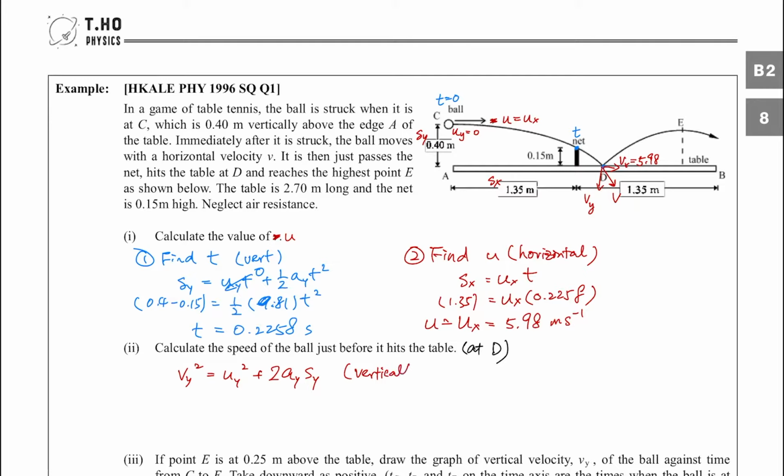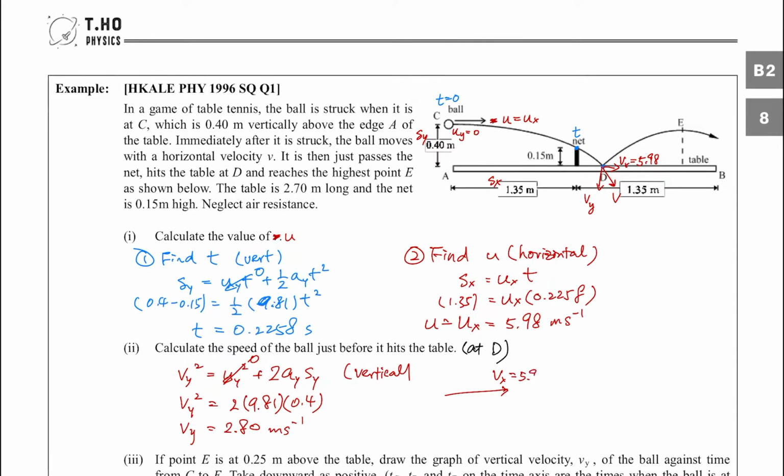Now we consider the vertical motion. Let's put in the numbers. We know that uy is 0, so no need to care about that. Vy squared is equal to 2 times 9.81 times the displacement 0.4. So 2 times 9.81 times 0.4, taking the square root, vy is equal to 2.80 meter per second.